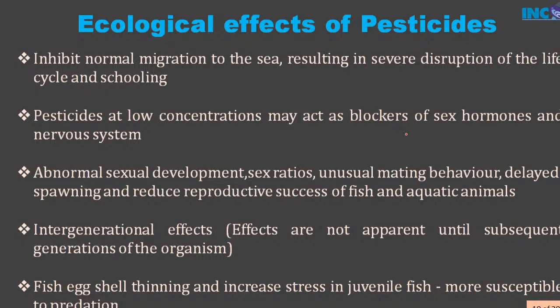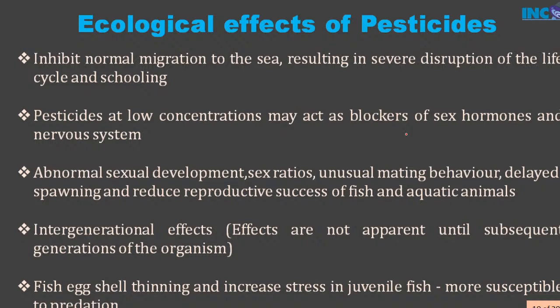They inhibit the migration route of fish, resulting in severe disruption of the life cycle, schooling and spawning behavior. At low concentrations, such as 50 ppm, they also act as sex hormone blockers. They also majorly affect the nervous system through neurotoxicity.